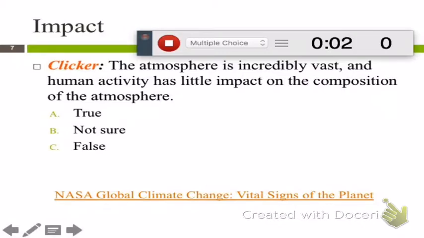What do you guys think about this statement? All right, closing up.